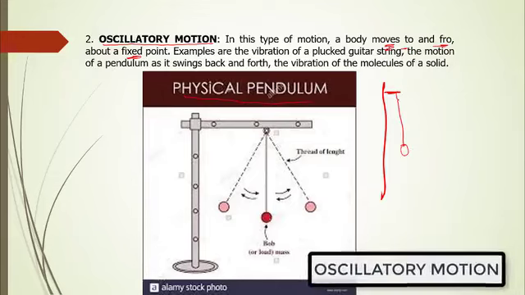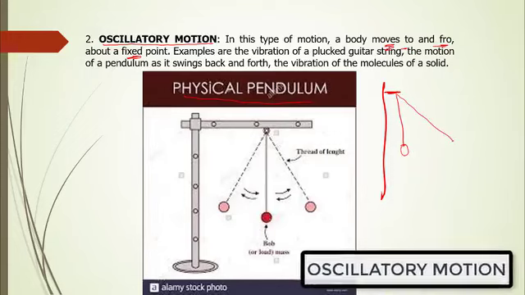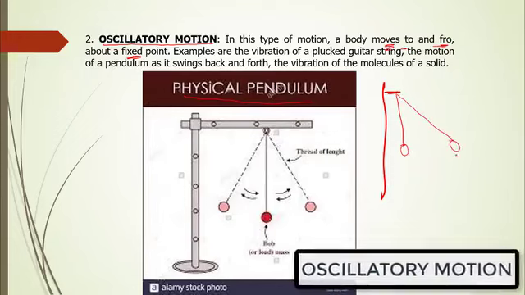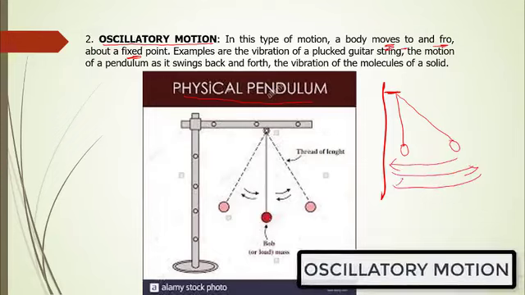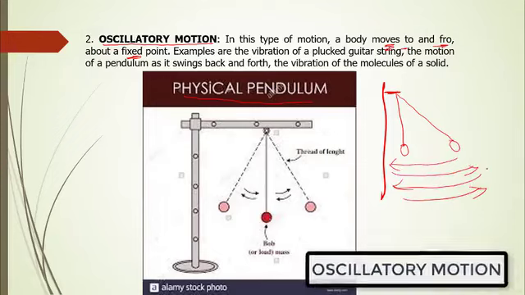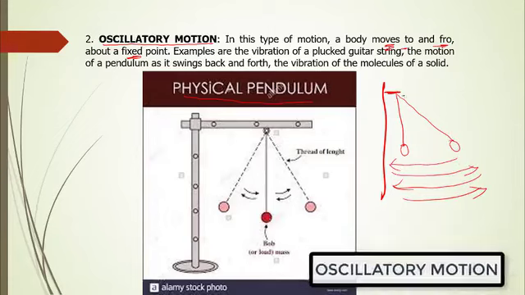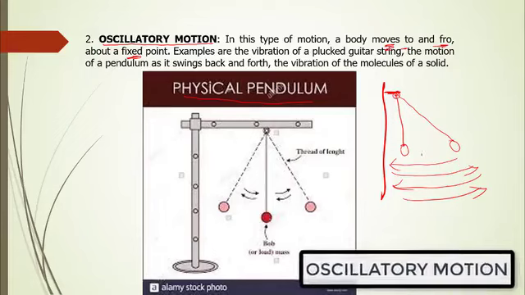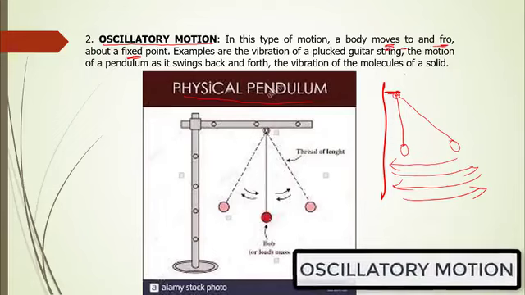Now, when you pull this rope to this point here, you notice that it moves like this, and then it comes back like this. It keeps oscillating about this fixed central point. Examples of this principle are found in things like a guitar string.